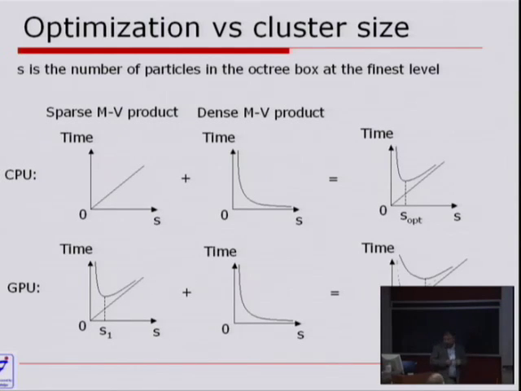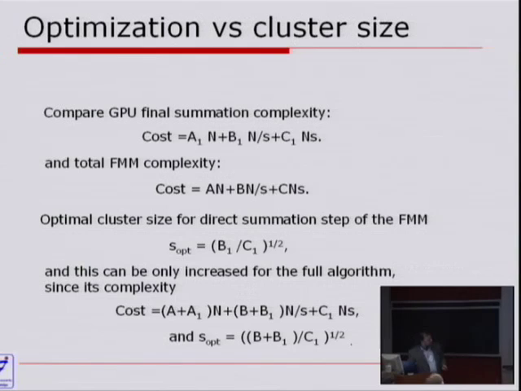It can vary around this number, but it should be some number. And this actually determines how many particles one box can handle. So this optimization comes from the architecture of the GPU, not from other things.